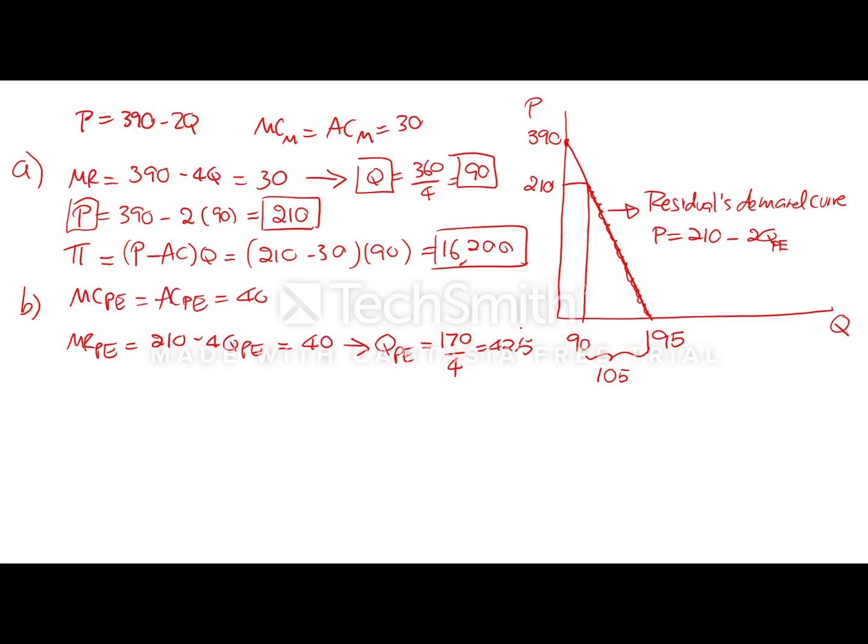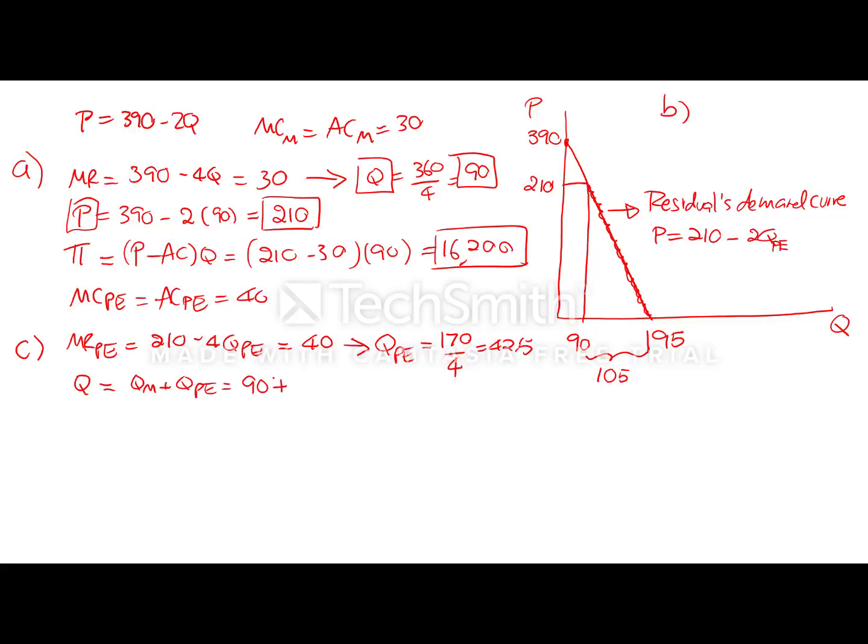And then you can solve for the total quantity. Part C asks for the potential entrant's output, price, and profits, and the new monopolist profit. So this is actually part C, and the previous was part B. Part C, we have quantity now, and the quantity of the potential entrant plus the quantity of the monopolist will be the total amount produced in this industry.